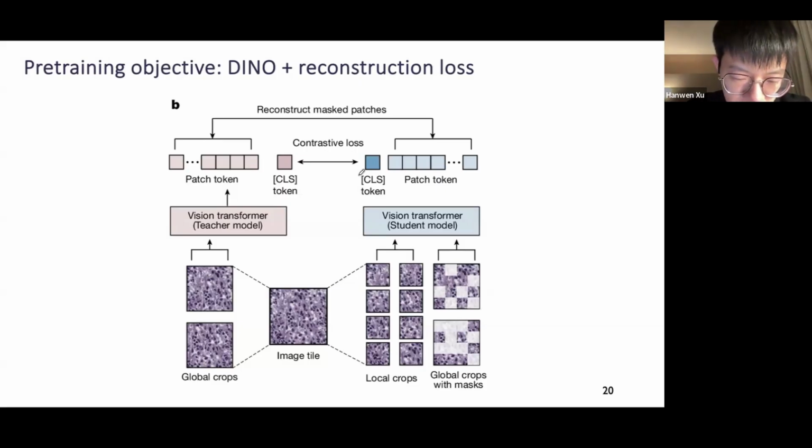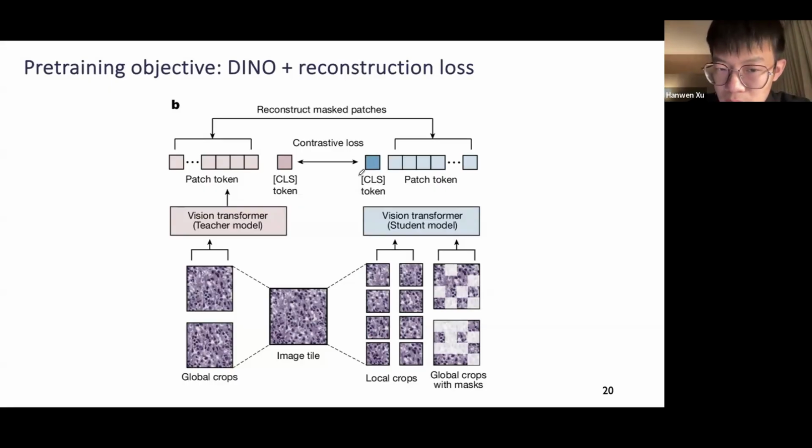The teacher model only takes the global crop as input, so it has broader information at a global level. But for the student model, we input both the local crops and the global crops, so the student can potentially have only partial information. That's why we call it a student. The pre-training objective is basically minimizing the loss, or the discrepancy, between the teacher model and the student model.